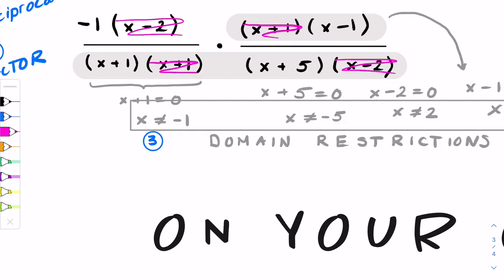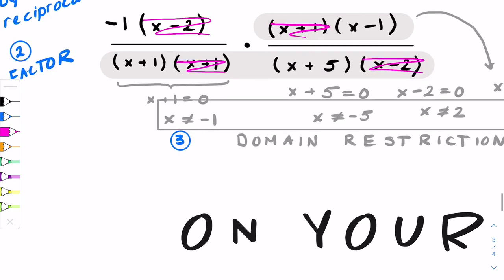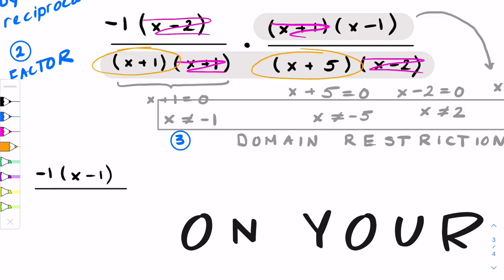And it looks like that's it. So now I need to multiply my remaining numerators and multiply my remaining denominators. Left over in the numerator is negative 1 and x minus 1, giving me a numerator of negative 1 times (x minus 1). Left over in the denominator is (x plus 1) times (x plus 5).